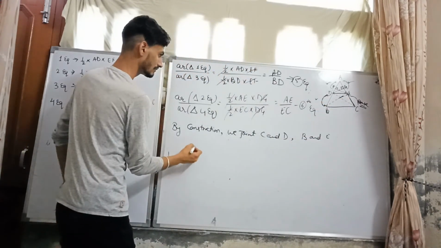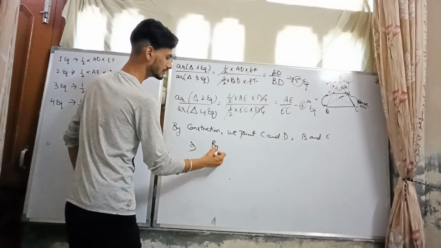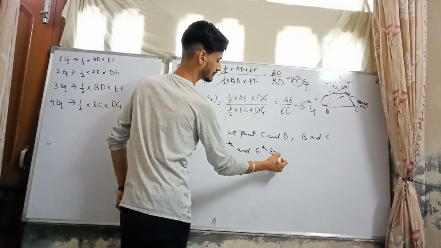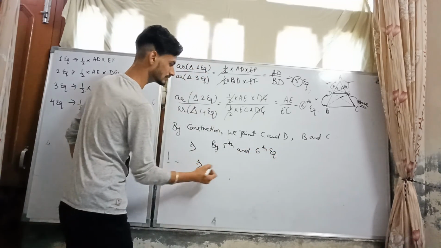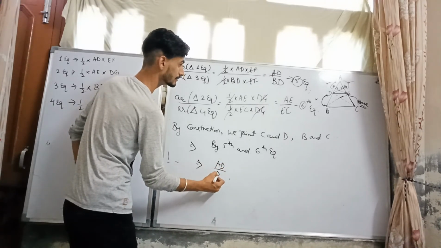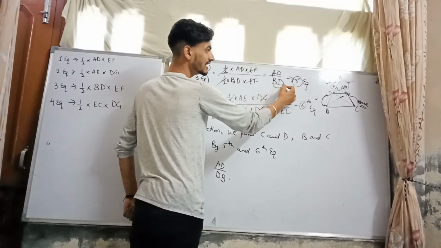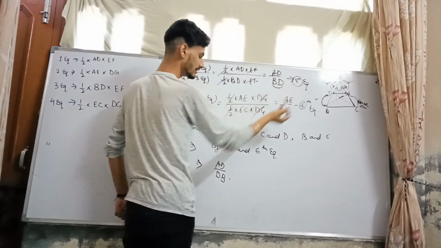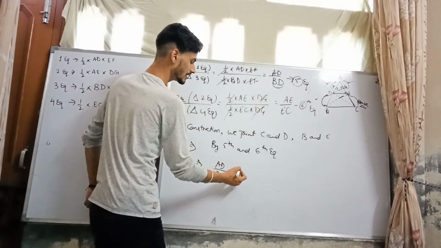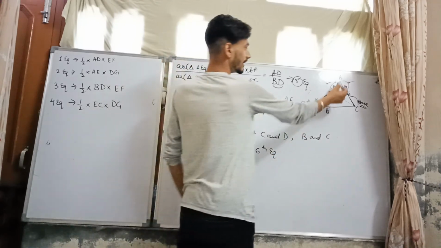And by the fifth and sixth equations, AD upon DB, which you can also arrange as BD in the form of DB, is similar. Both are the same thing. So for the further equation, AD upon DB.